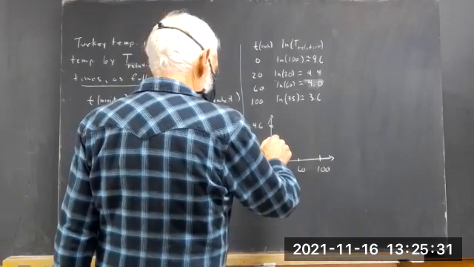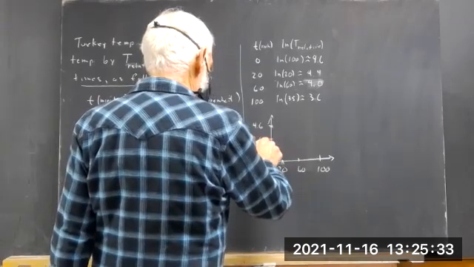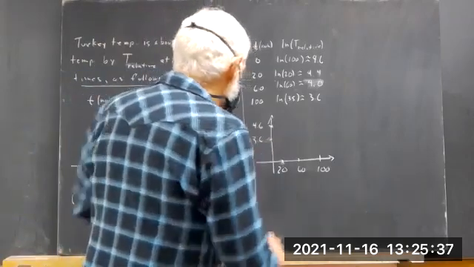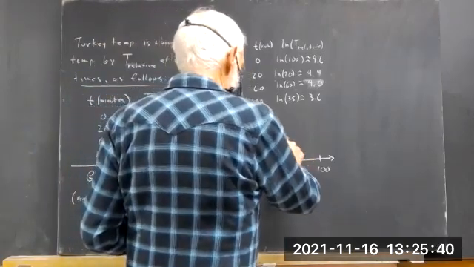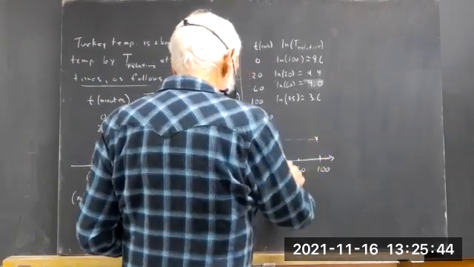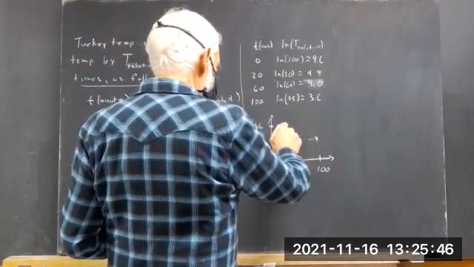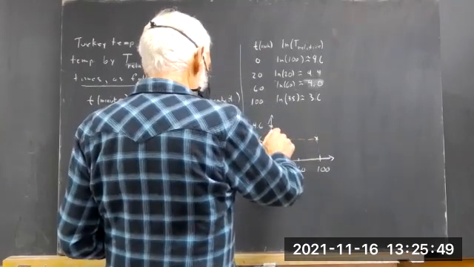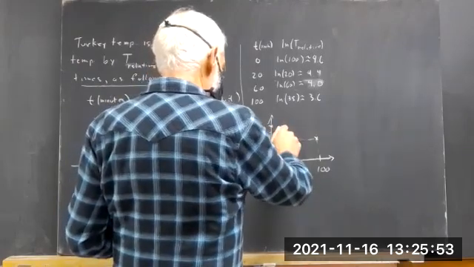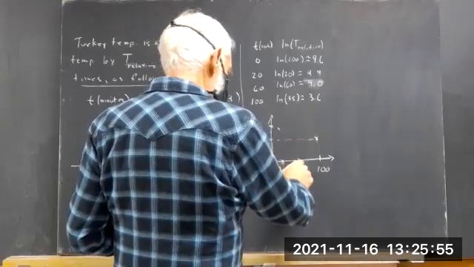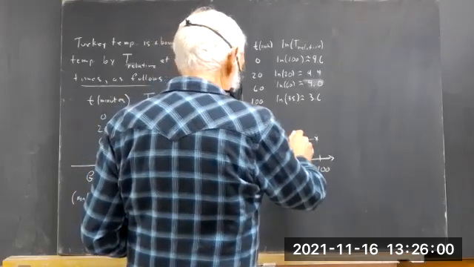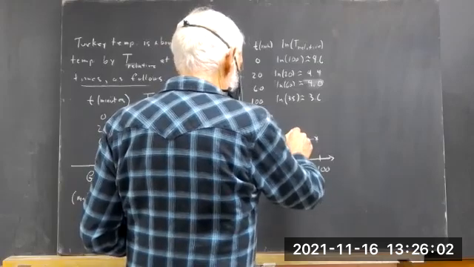I'm going to do a relatively honest scale, 3.6 will be here. So at 100 we have 3.6. At 20 we have 4.4. So let's see, 4.6, there would be 4.4 about two thirds of the way up here. And at 60 we would have 4.0, which would be about here.